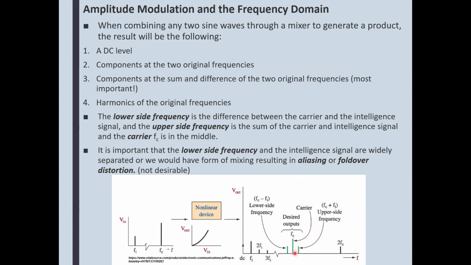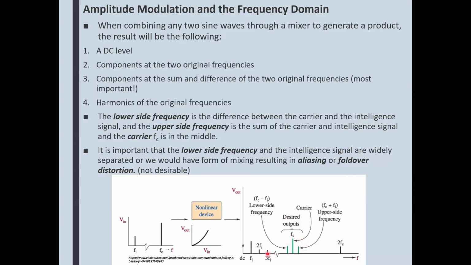So here is the original frequency, which is the carrier frequency, and here, let's say, is the intelligence signal. At the output, we're going to have this. We're going to have plus and minus, the sum and the difference present on the output.